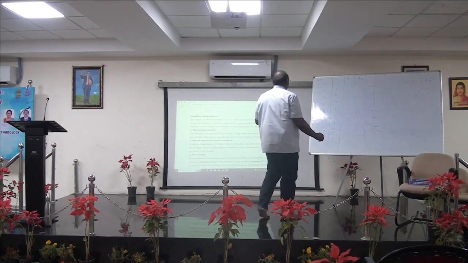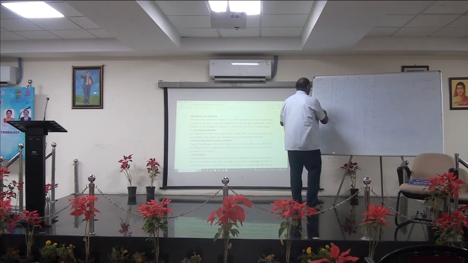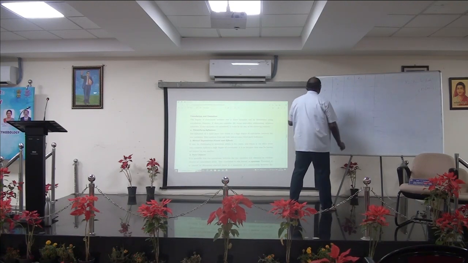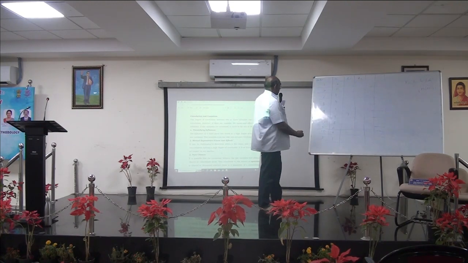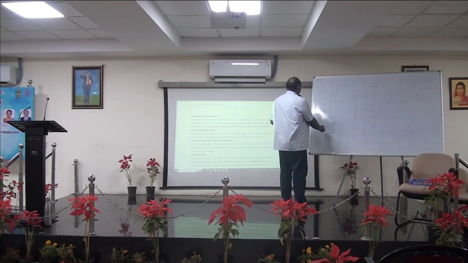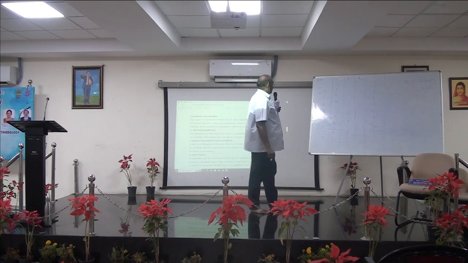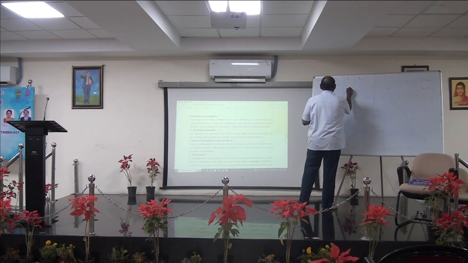So let's see, what is the topmost score? 12. Okay, rank number 1. Then what is the next score? 11, rank 2. Next score? 10, rank 3. Next score? 7, rank 4.